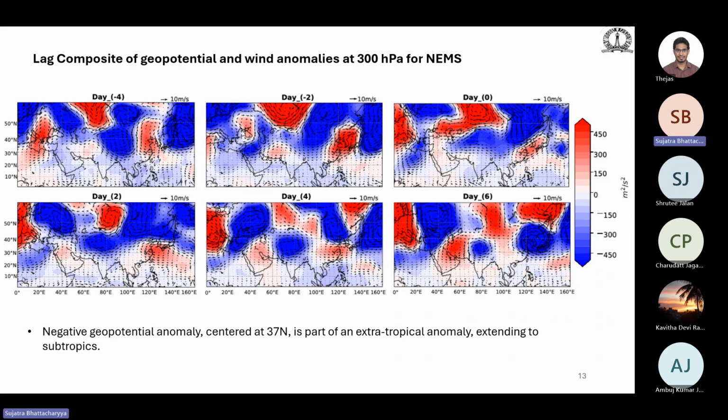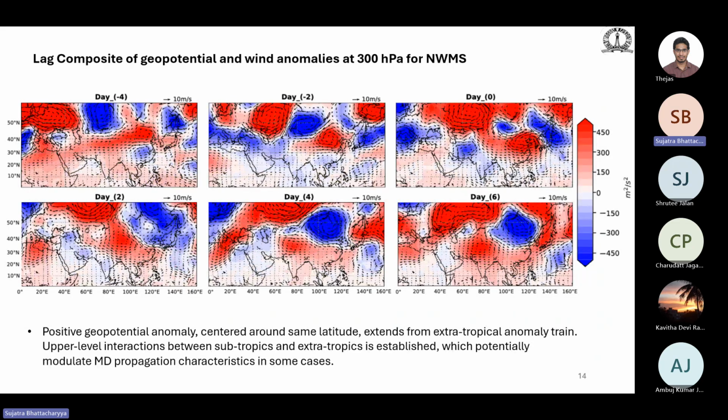And similarly, for northwest moving cases, we can see a similar type of anomaly, but it's opposite of what we see in the northeast moving cases. We see that there is a positive geopotential anomaly, which is there at day 2, 4, and 6. And again, this anomaly is part of a large scale extratropical geopotential anomaly, which is mostly seen in the upper troposphere.